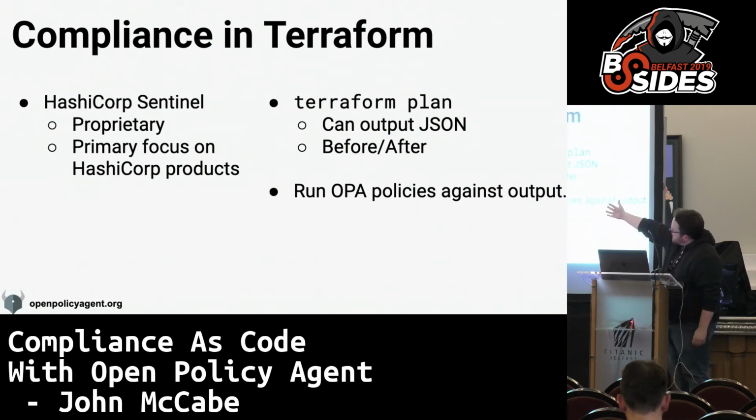They have their own solution, HashiCorp Sentinel, primarily focused on HashiCorp. I expect that'll change over time, but we can still use OPA with it. So the flow generally is a Terraform plan, convert the plan output to JSON, apply your policy before you actually go through and run it.